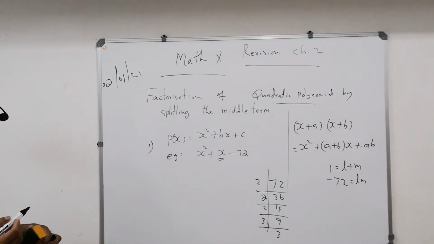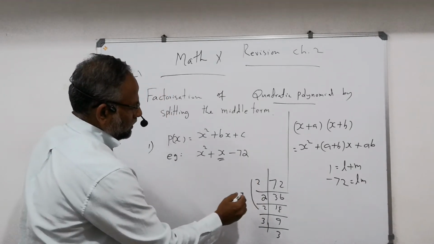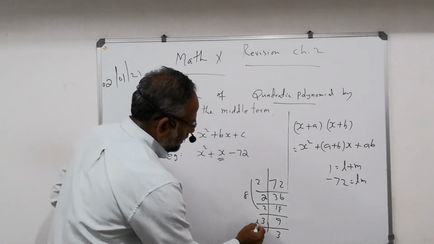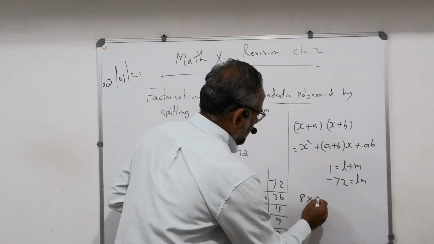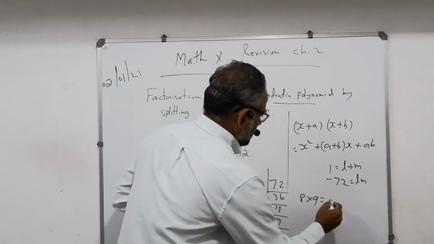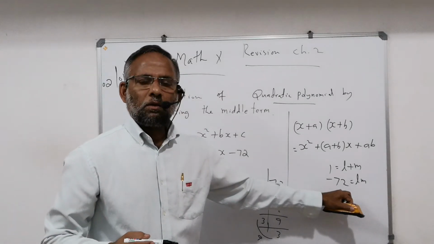So how can we manipulate this one? 72. We can see, look, 2 into 2 into 2, 8. 3 into 3, 9. So 8 times 9, 72. Okay, we got 72.